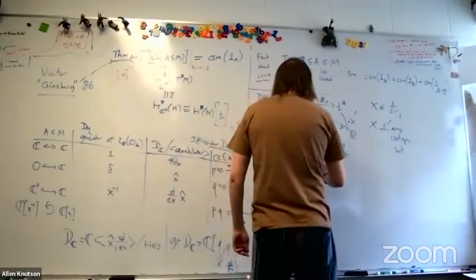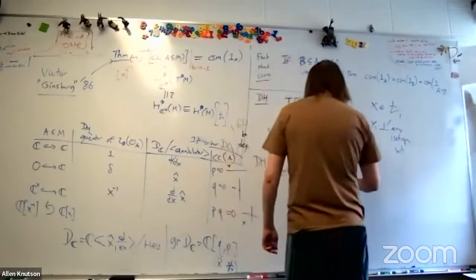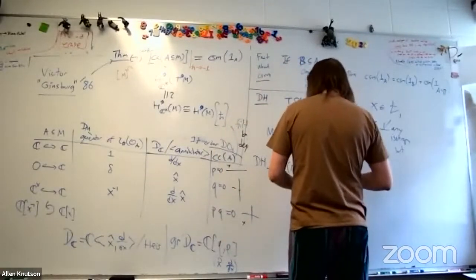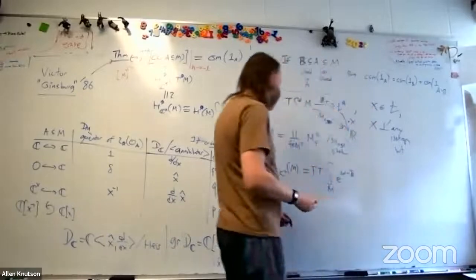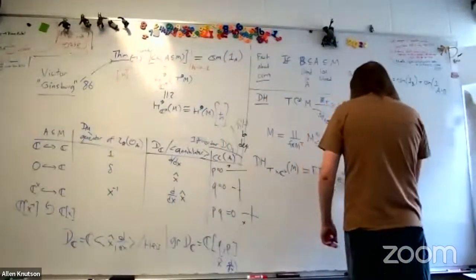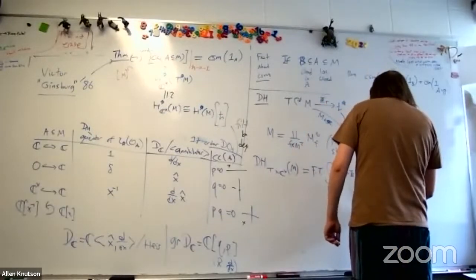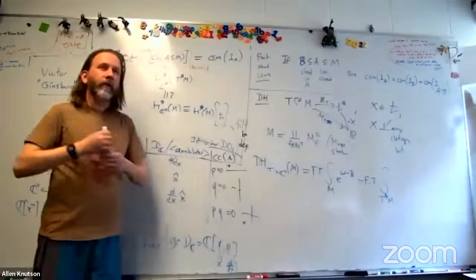So this is what we want to compute. And I say, well, that's the Fourier transform of the integral over M of e to the omega minus phi, as we said. Now I'm going to do that computation not on the manifold itself, but on the cotangent bundle.